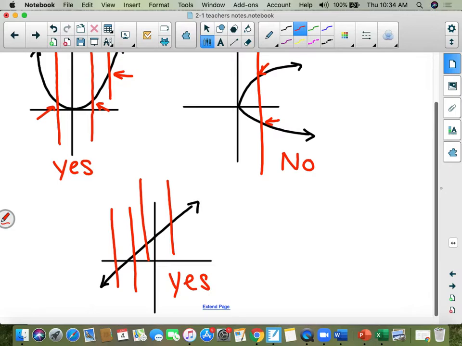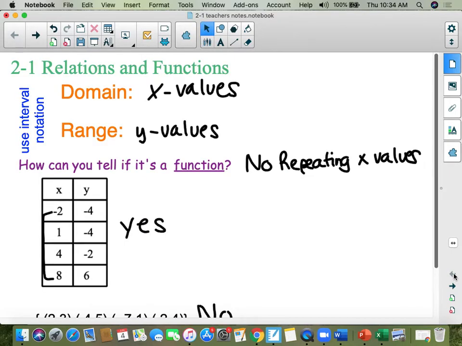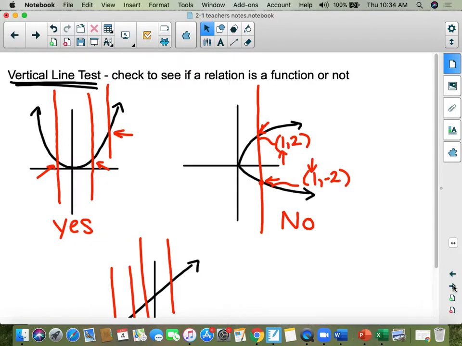Just to prove to you, doesn't this point kind of look like (1, 2) right there? And doesn't this point down here kind of look like (1, -2) if you wanted to plot these two points? Look what happens, you guys. Are they repeating x values? Yes.